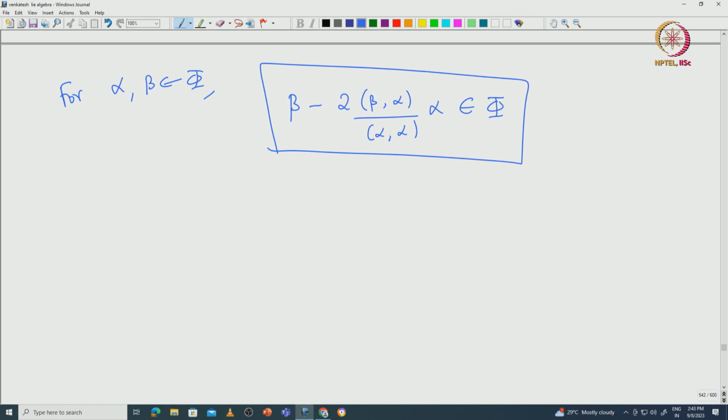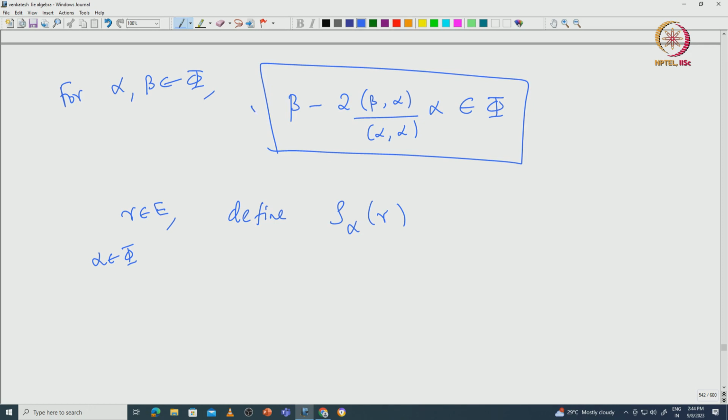Let us see what this formula tells us in terms of transformations. If we take gamma inside capital E and alpha inside phi, we can define the following map, which we denote by S alpha of gamma. What is this map S alpha of gamma?